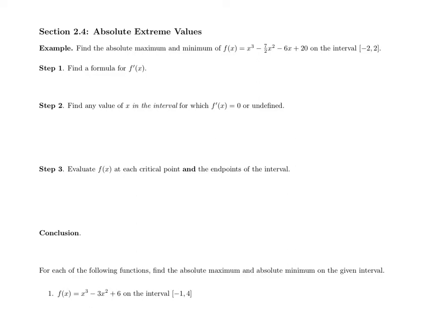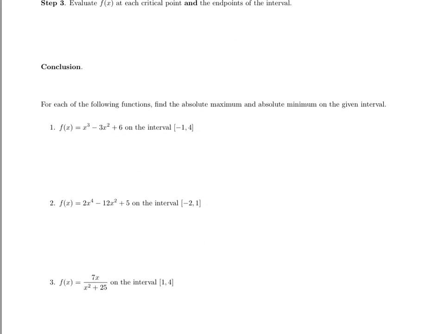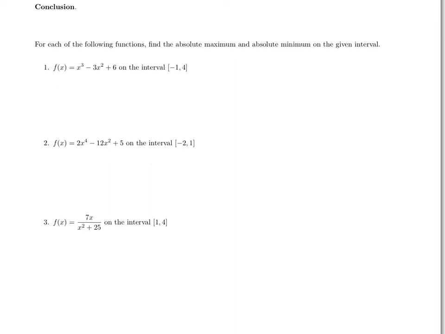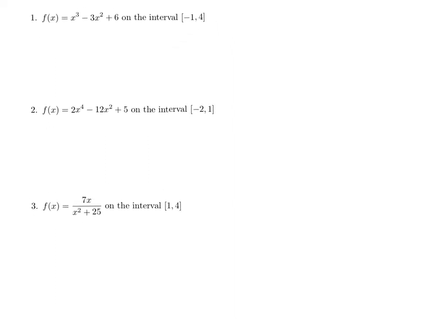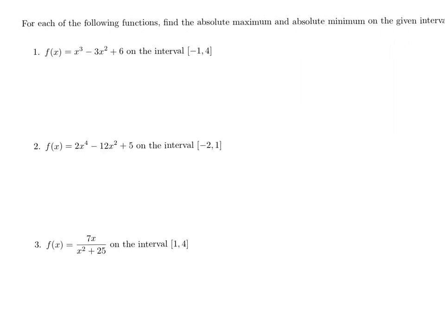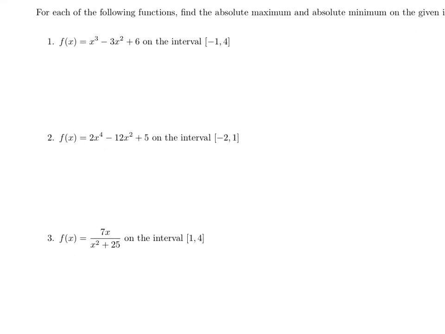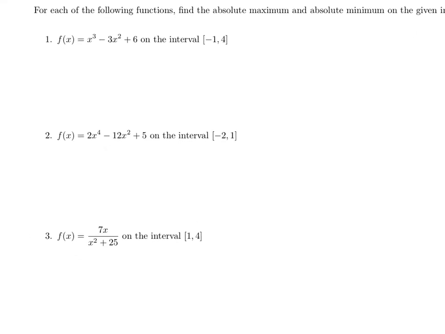Here we're going to run through the solutions to the other problems on the section 2.4 worksheet. So we go through our process in each case here, and the process starts off by finding the critical values. To find critical values, I need to take the derivative of our function.